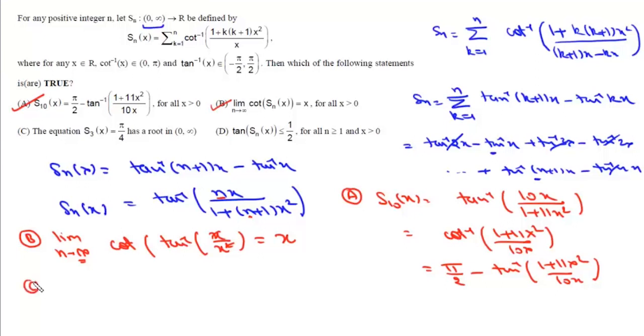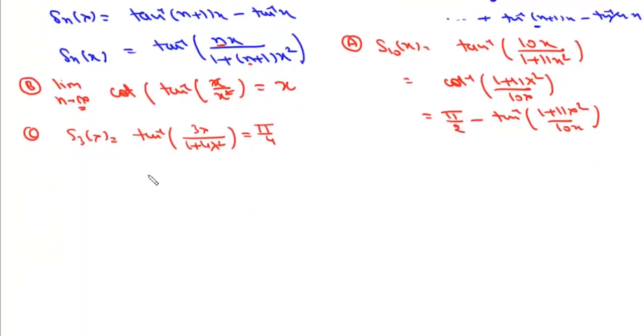Now for this C it says S3x equals pi by 4. Now what is S3x? It will be tan inverse of 3x upon 1 plus 4x square, and we put it equal to pi by 4.